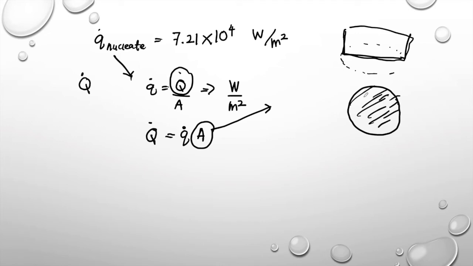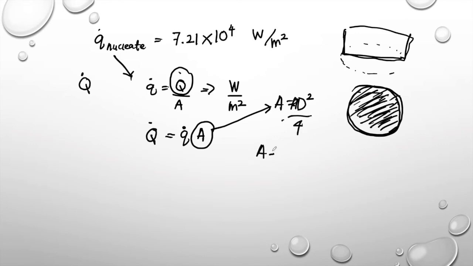Previously we always used surface area, which is 2 pi RL. Now the surface area changes into a circle area, since the area where heat transfer occurs is here. So that's why we use pi d squared over 4.